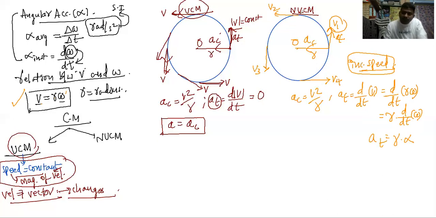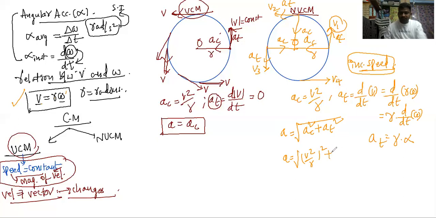At any point you see, my dear students, the centripetal acceleration and tangential acceleration are perpendicular to each other. So the resultant acceleration is the square root of ac square plus at square, which I can also write as the square root of (v square by r) whole square plus (r alpha) whole square.